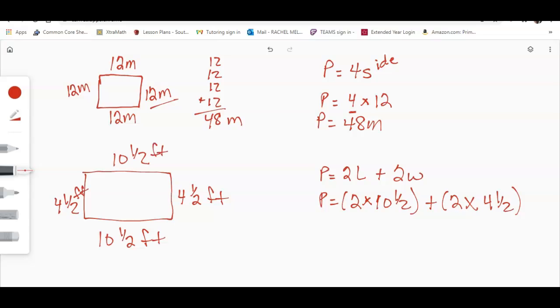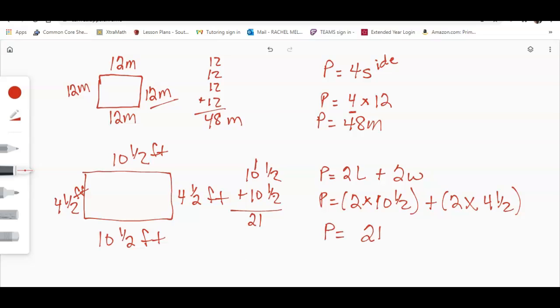Okay? So, if I have 10 and a half plus 10 and a half, what does that give me? Well, half plus a half is a whole, right? 10 plus 10 is 20, plus 1 is 21. Okay, so that means this part right here is 21.